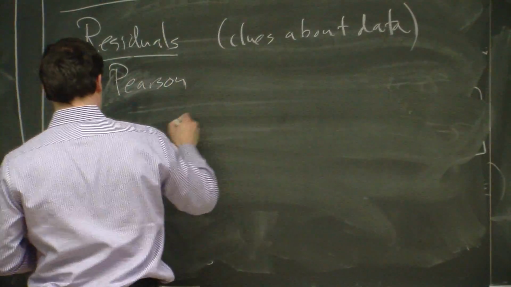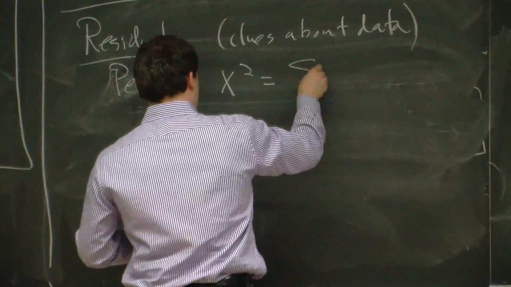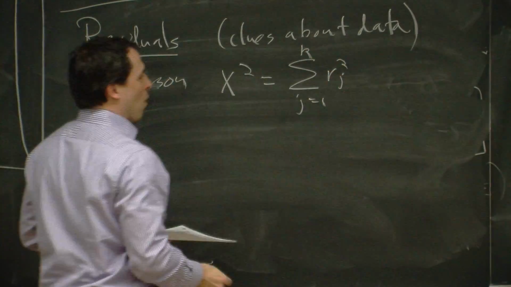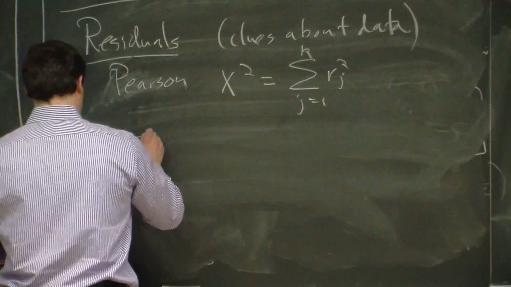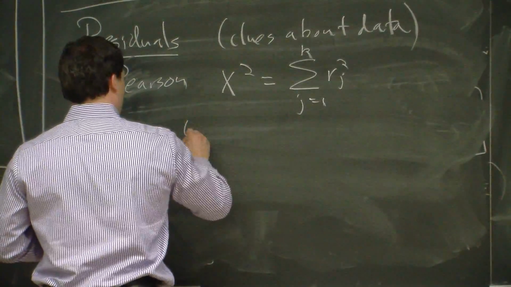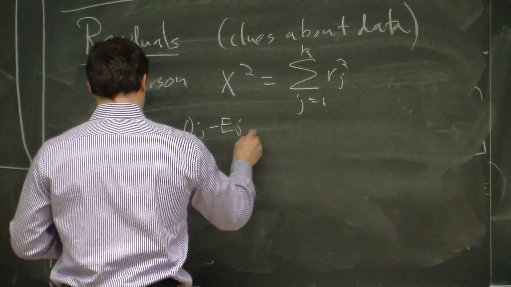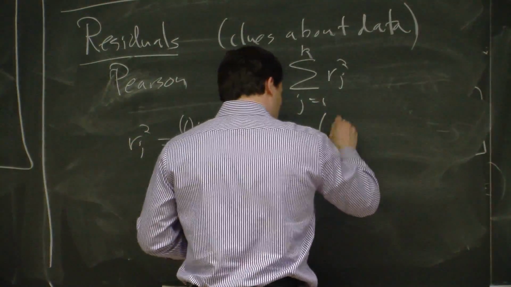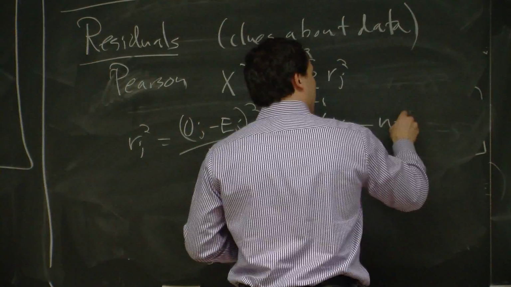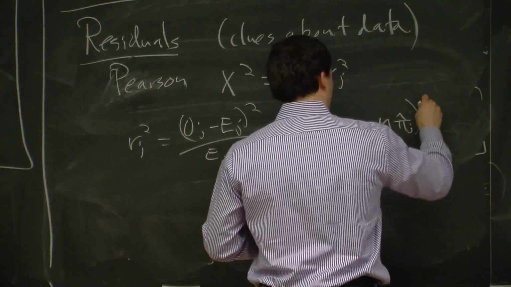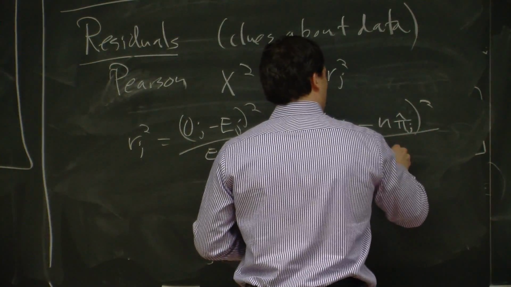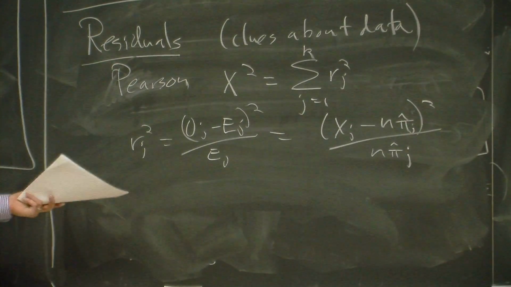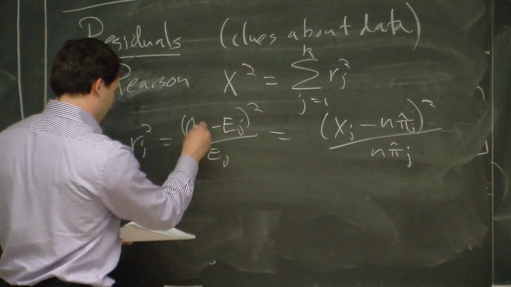So the Pearson statistic is a sum j equals 1 to k of some quantity, where this is just observed minus expected, squared, divided by expected. The cell count minus the expected cell count under the model, squared, divided by the expected cell count under the model. Okay, so in a totally trivial way, it breaks up into the contribution from each cell.